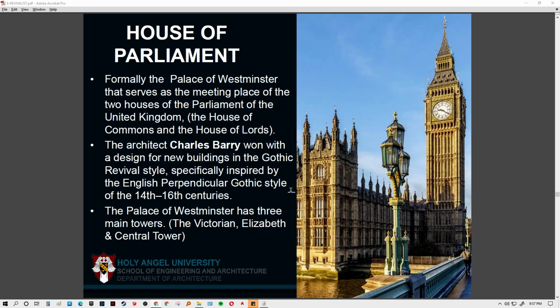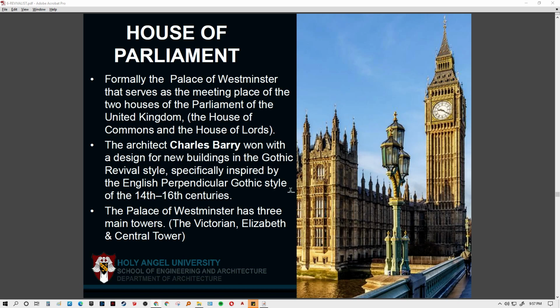One good example of Gothic revival is the Houses of Parliament, also known as the Palace of Westminster. It serves as the meeting place of the two houses of Parliament of the UK.